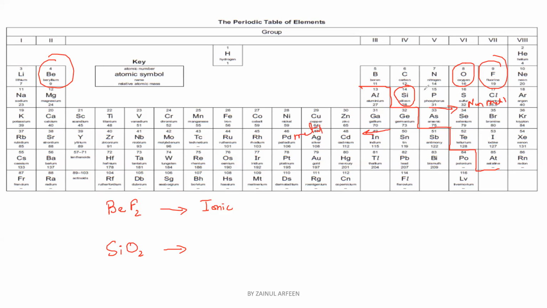When you check silicon and oxygen, silicon is on the side of the non-metals, and oxygen is also on the side of the non-metals. So when two non-metals are together, what kind of bonding do they have? They will have a covalent bond.